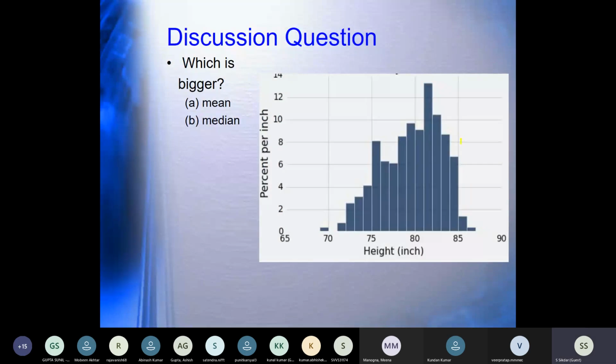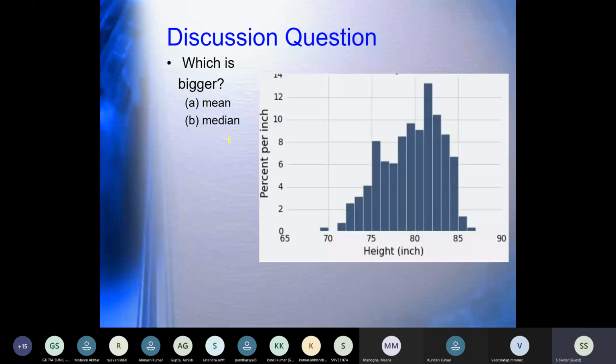Here, there is always some kind of confusion that comes up. In a histogram like this, you look and become confused about which one is bigger, mean or median. So you have to be very precise and look carefully at what you are doing.